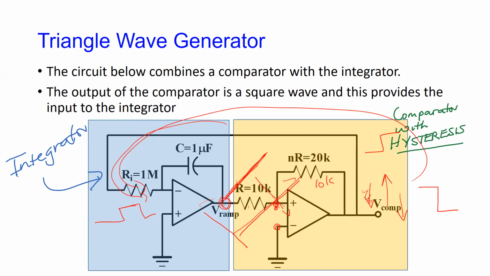But just to explain how it's working, as soon as it passes whatever the voltage happens to be at this point here, and by varying the resistors here, we actually set the upper level VUT and VLT, according to how we pick the values of those resistors.